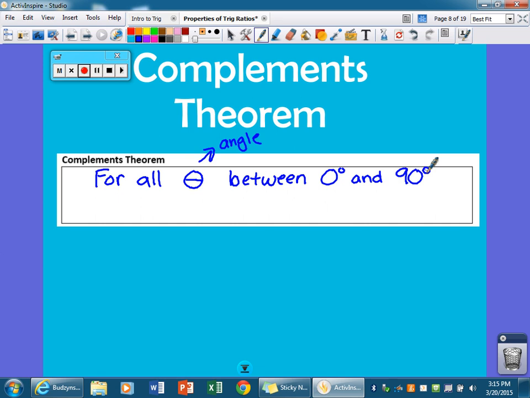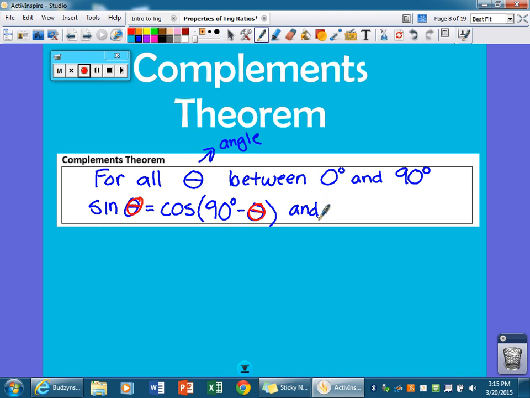So the first part of it is that sine of theta equals cosine of 90 degrees minus theta. Now these thetas are exactly the same, so I'll make them in red because they're going to be the same number. They're not going to be different. Because it's a two-part theorem, the next part is kind of just the opposite.